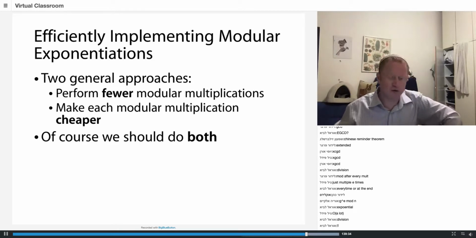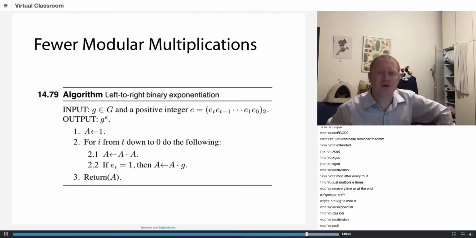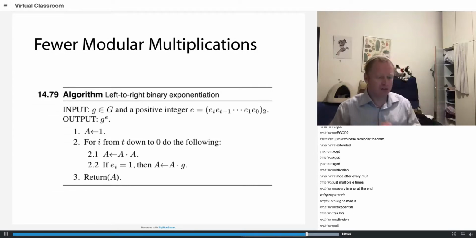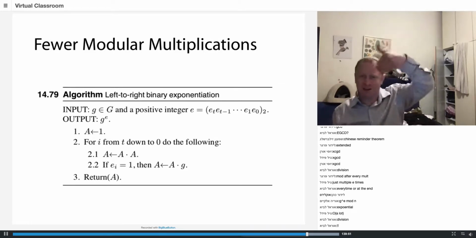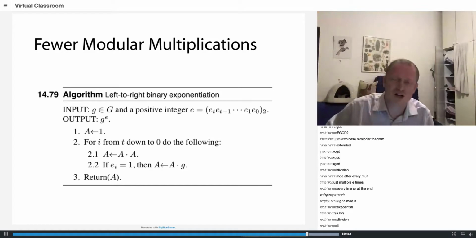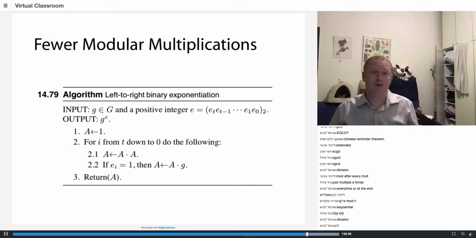We're going to turn to chapter 14, and there we're going to find an algorithm called left-to-right binary exponentiation. What this algorithm does is it doesn't require 2 to the power of e multiplications, but only e multiplications.